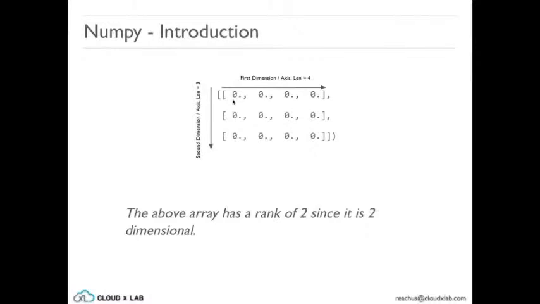In case you have something like this, a 2 by 2 matrix of all zeros, it's got one axis along this and one axis along here, so the rank of this matrix is 2. It's two-dimensional and the rank is 2. That's what a rank means, and that's very similar to the rank of a matrix, which you may have studied in high school.